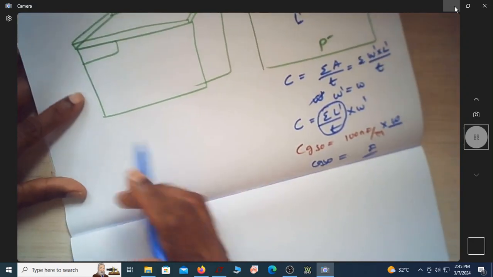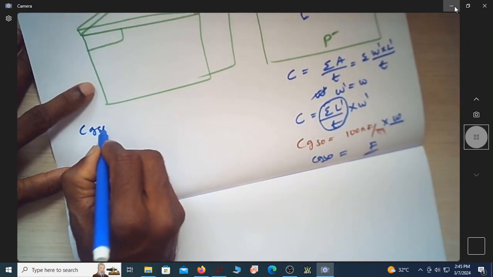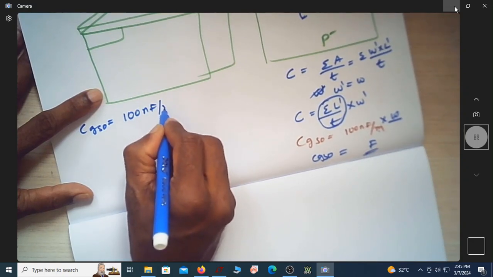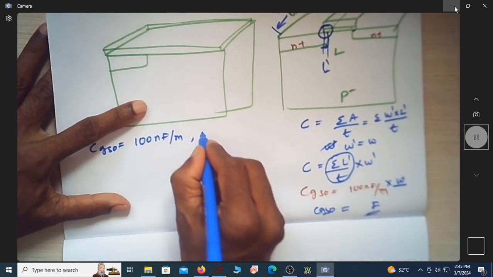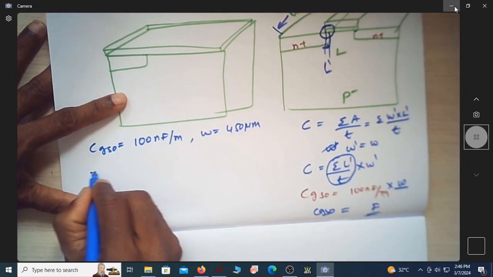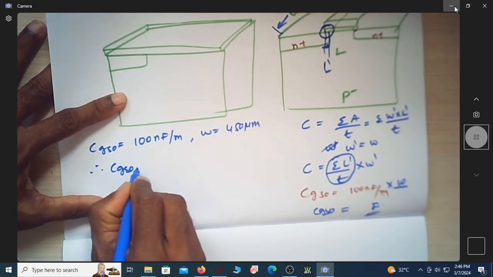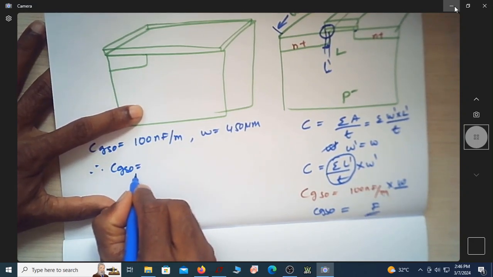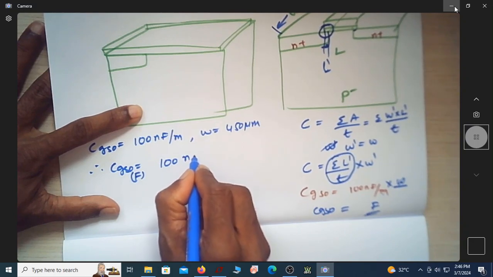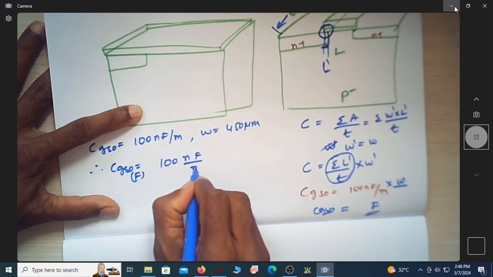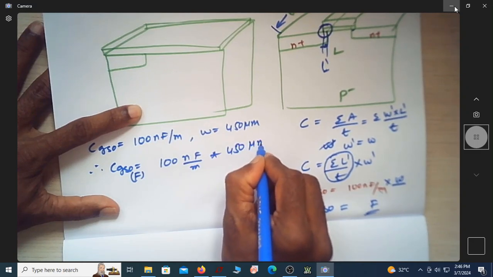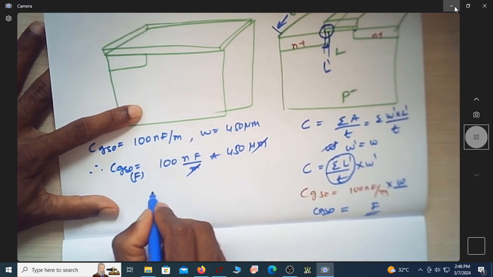So what is CGSO now? CGSO was 100 nanofarad per meter, width is equal to 450 micrometer. Therefore CGSO in farad is 100 nanofarad per meter multiplied by 450 micrometer. The meter will go.